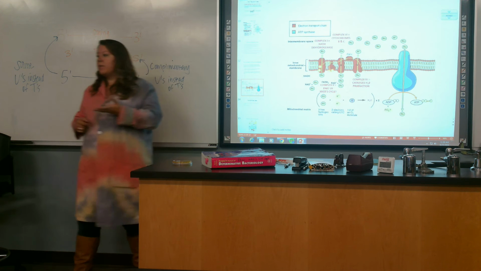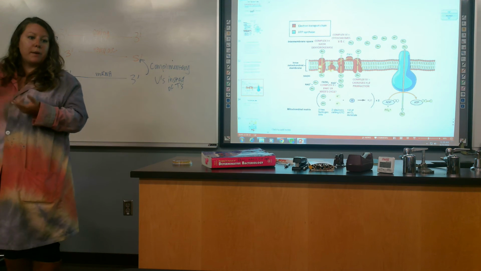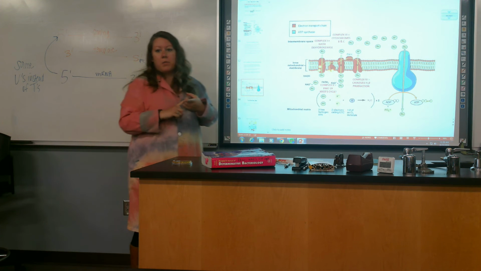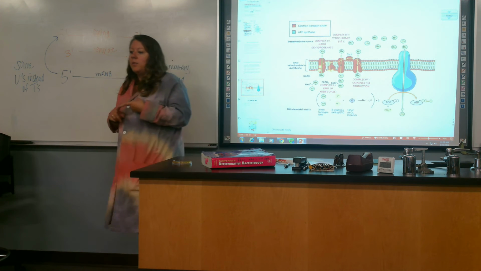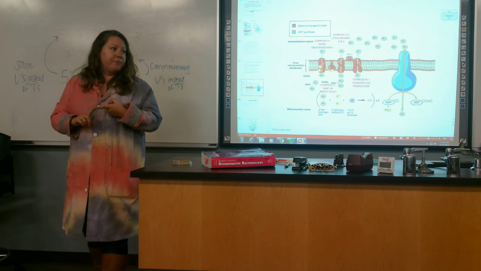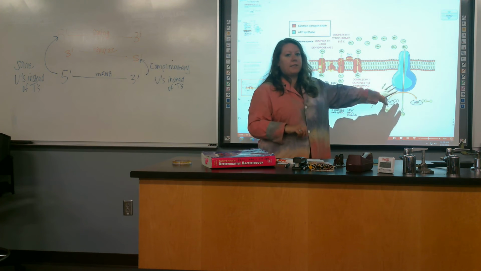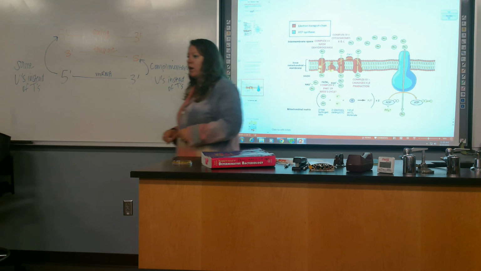So, back to the compare and contrast. You should be able to tell me where they happen maybe. You could tell me they happen in two different metabolic pathways. Which one makes more ATP? Oxidative. So how many ATPs does this result in per glucose molecule?